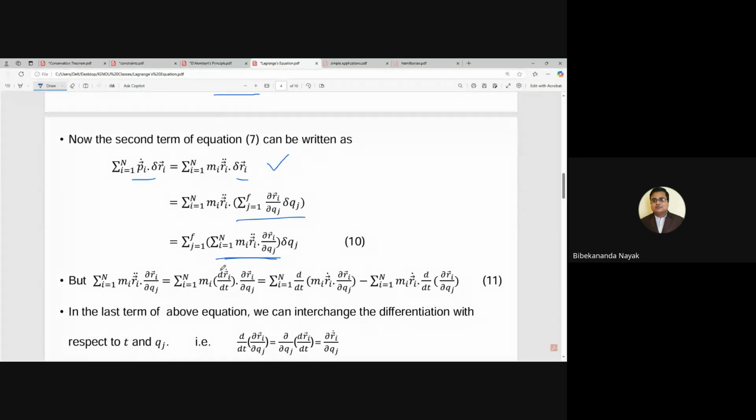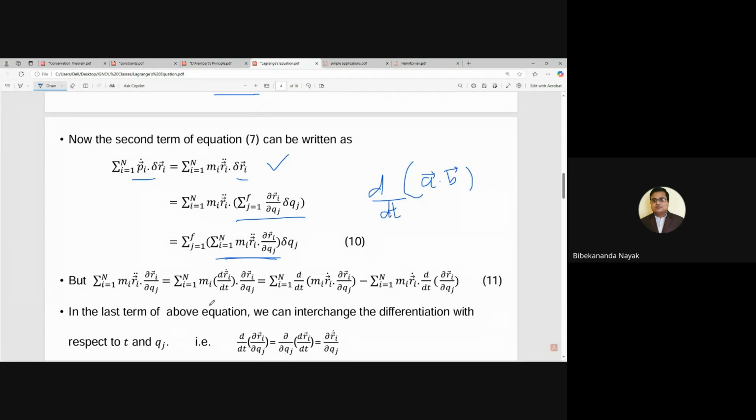Now simplify this term, mi ri double dot dot del ri by del qj. That is mi d ri dot by dt dot del ri by del qj. That means it is d by dt of mi ri dot dot del ri by del qj, since mi is a constant and the derivative goes inside. Using d by dt of A dot B equals dA by dt dot B plus A dot dB by dt, we already discussed that.